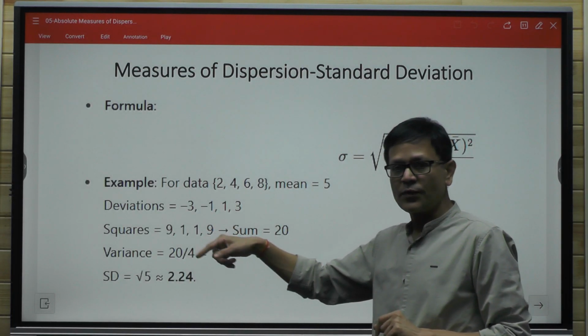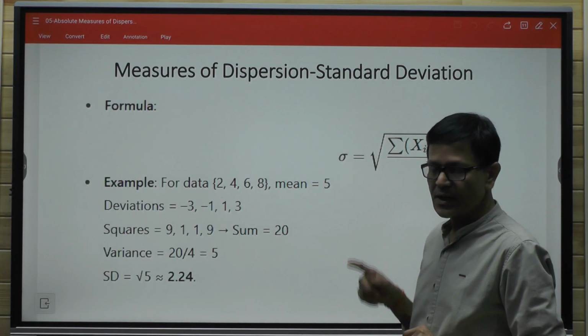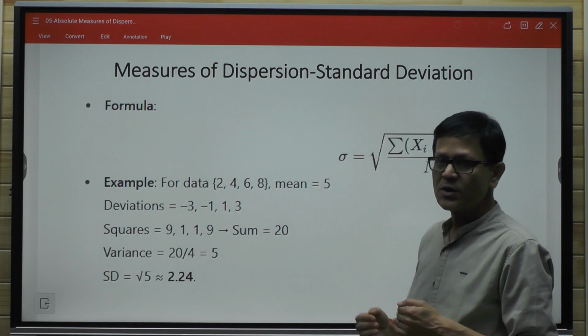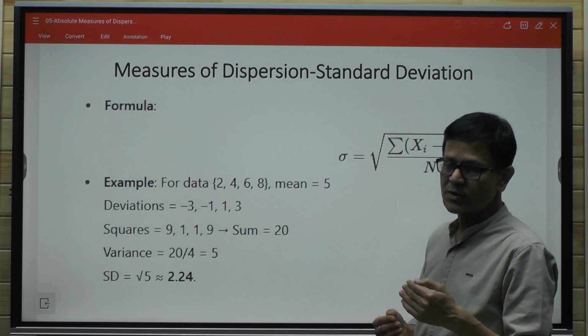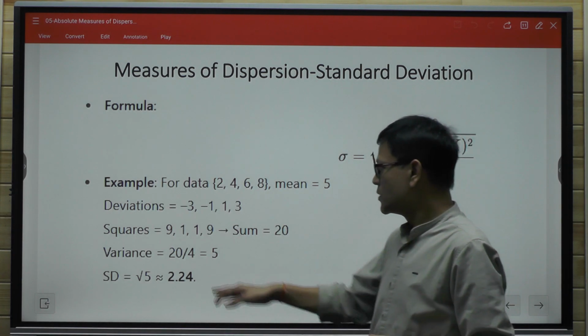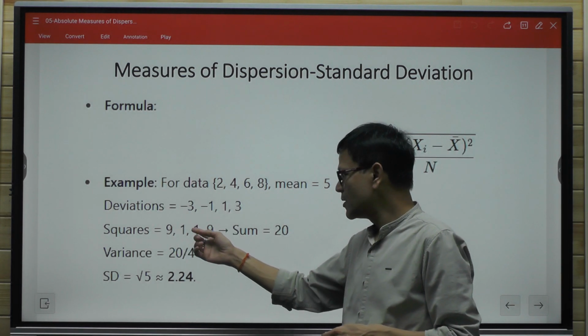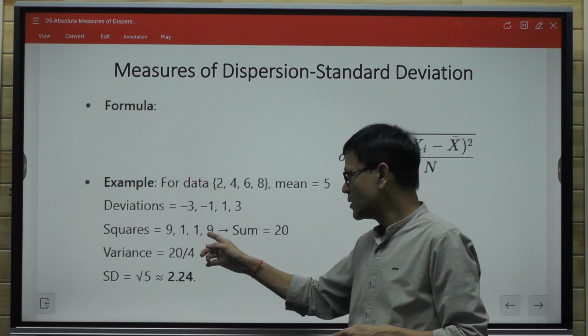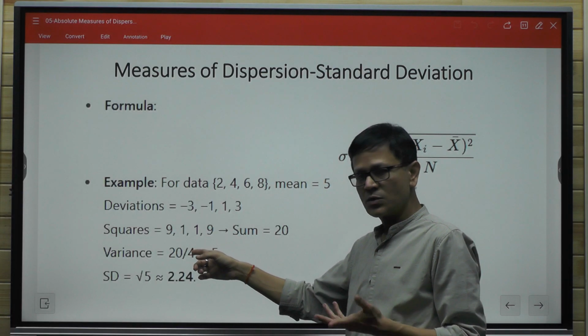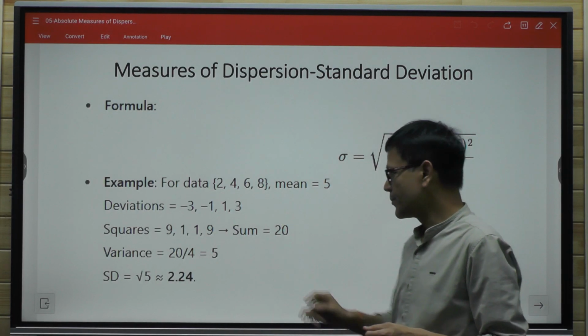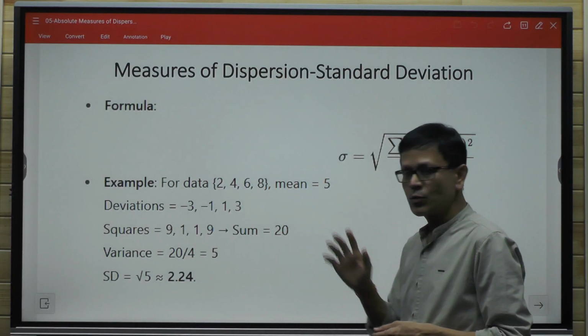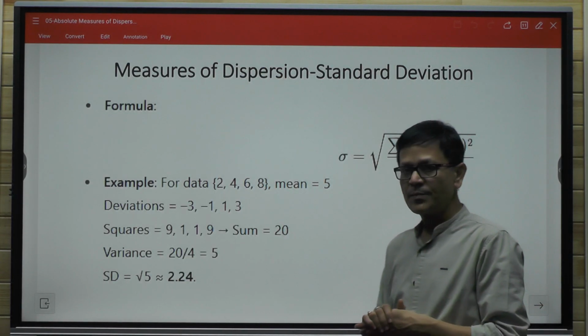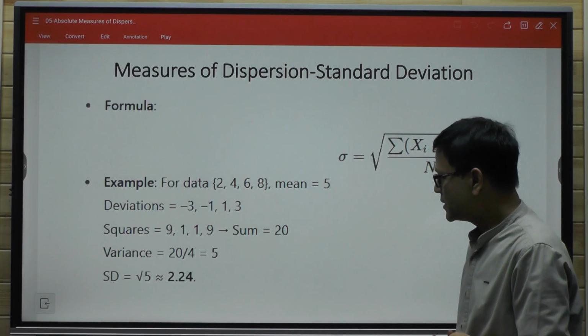No need for taking the absolute value, because when you square, the negative turns positive and positive remains positive. So -3 whole square is 9, -1 whole square is 1, 1 square is 1 and 3 square is 9. Now you sum them, you get 20, because 9 plus 1 plus 1 plus 9 is 20.